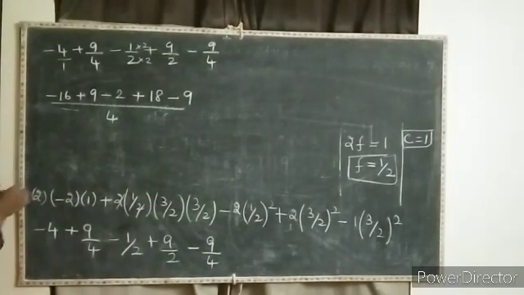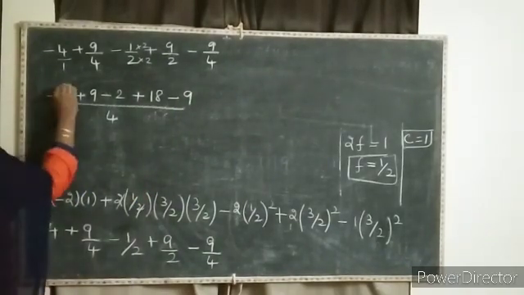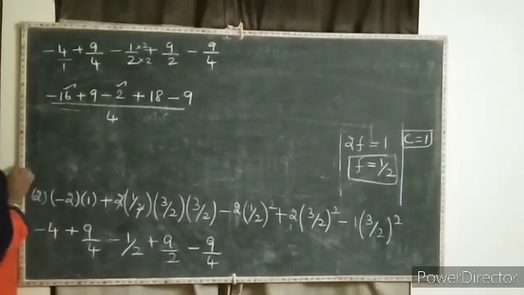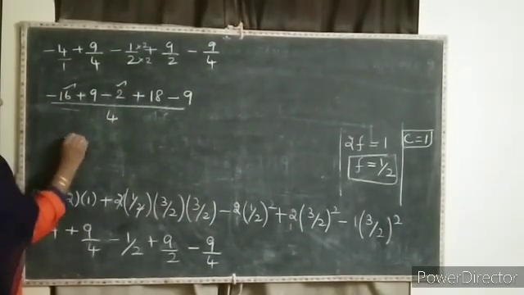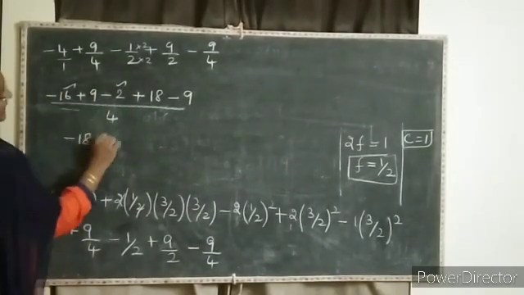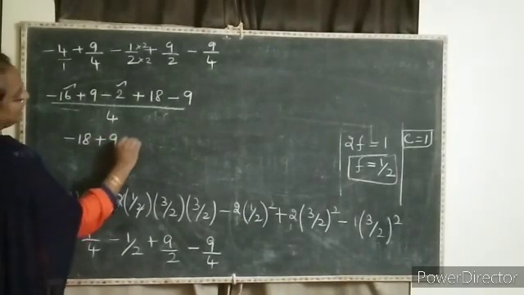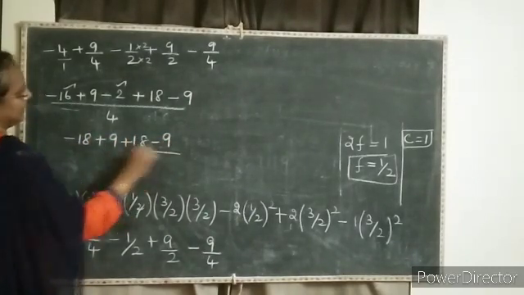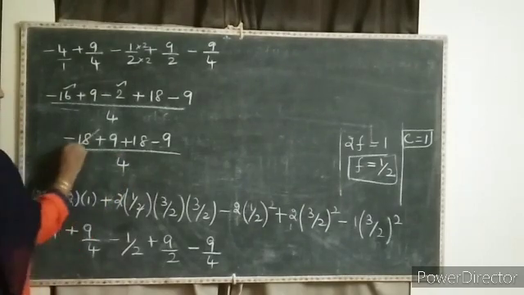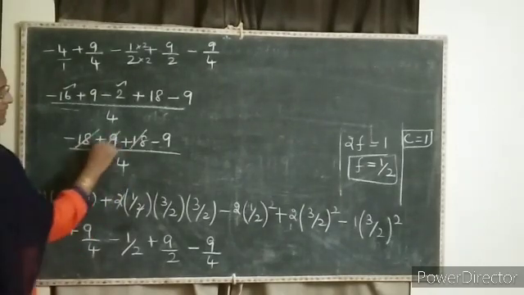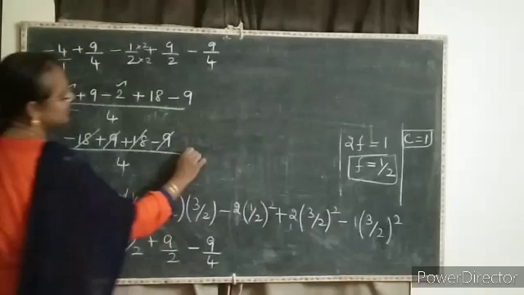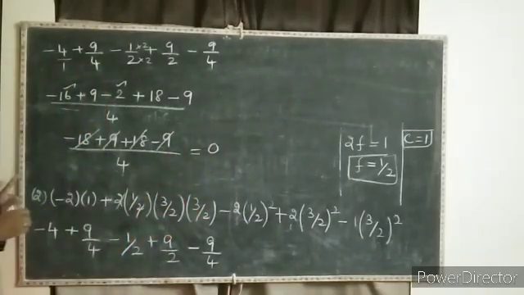Now minus 16 minus 2 gives minus 18. Now plus 9 plus 18 minus 9 divided by 4. Minus 18 and plus 18 get cancelled. Plus 9 and minus 9 get cancelled. So the answer is equal to 0.